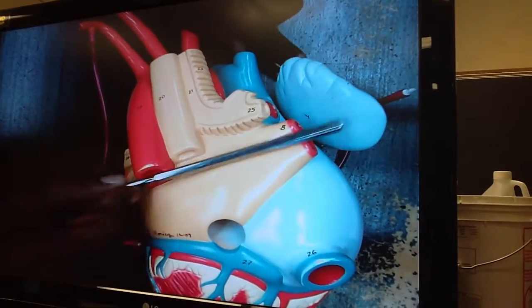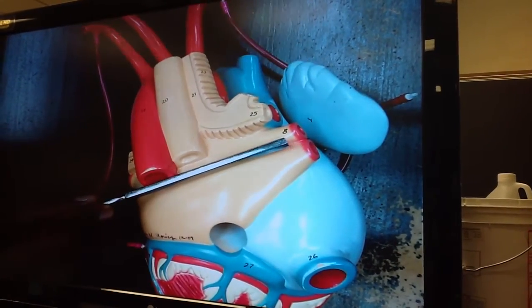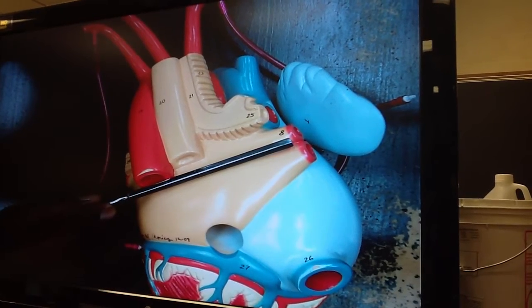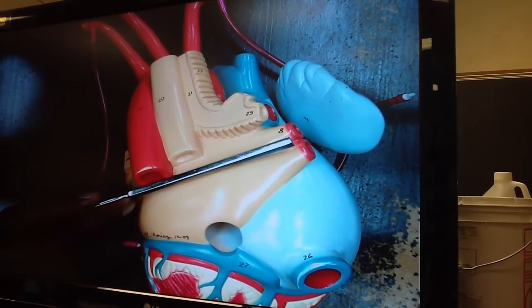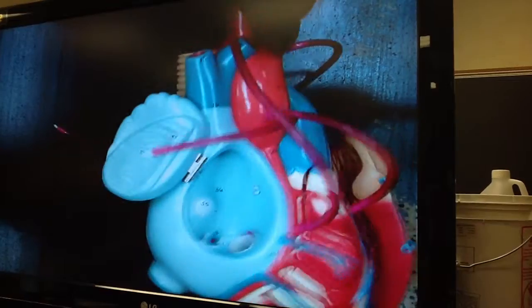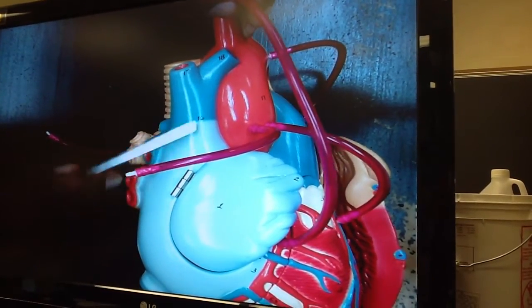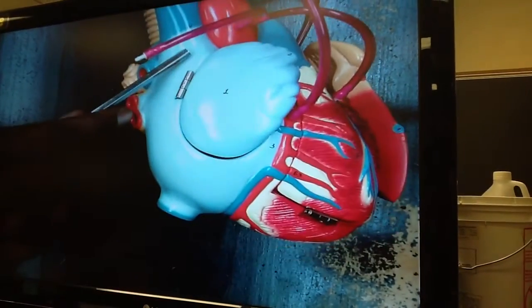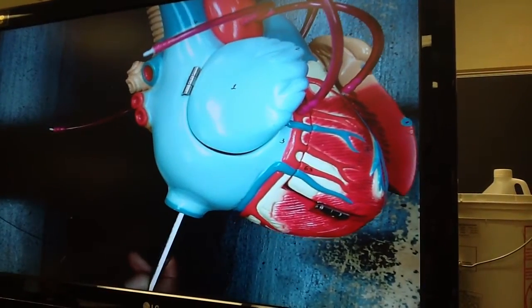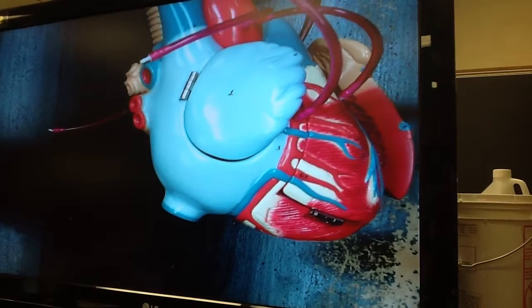The other one runs in the back, Mr. Gilmore, like this. His name is going to be transverse sulcus. Now I need to point out one more thing real quick before we start having fun. This fella right here, superior vena cava. This fella right here, inferior vena cava. No big deal, Mr. Gilmore.